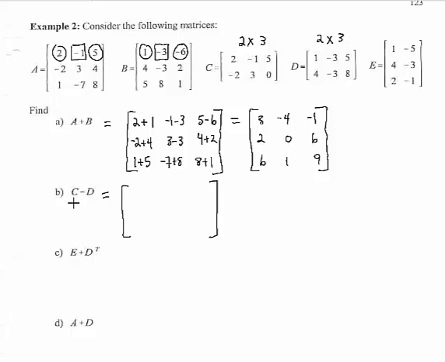So first we take an element from C. I'll start at the top left, 2, and we'll subtract the top left number in D. So 2 minus 1. Then we have negative 1 and then minus a minus 3. And then the third column, first row, 5 minus 5.